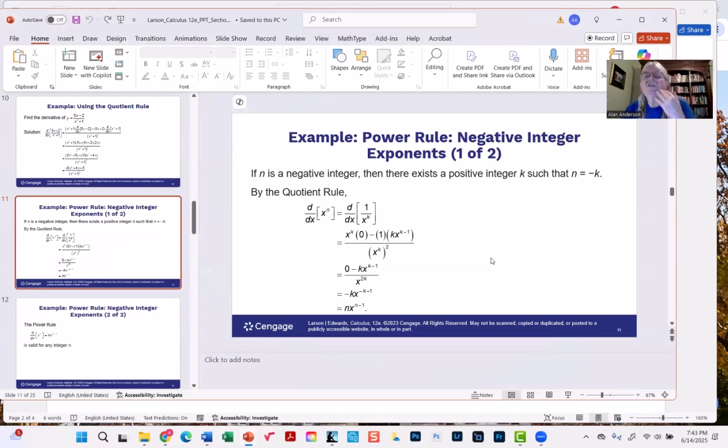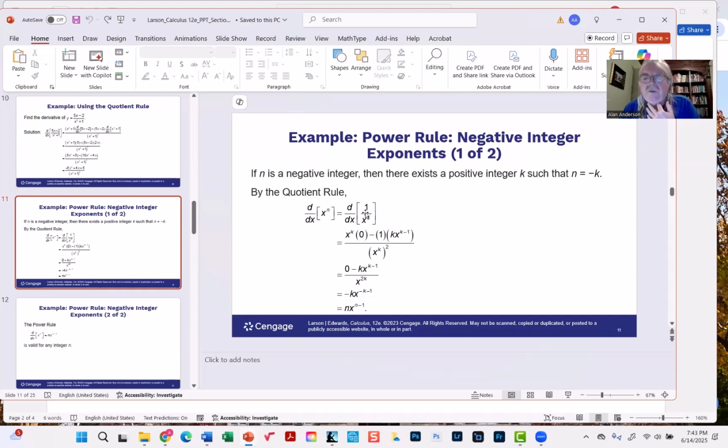Oh, I see. What they're trying to do here is they're trying to prove why the power rule works using the quotient rule. It's kind of interesting, I guess, but what they're trying to get at here is that k is some negative exponent.